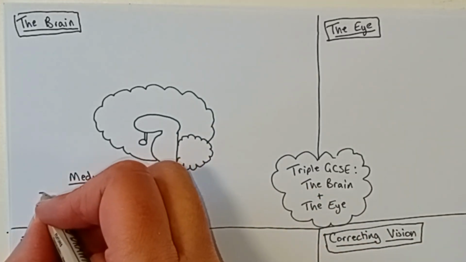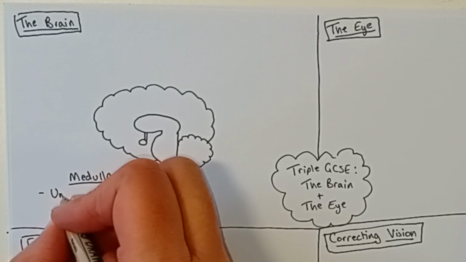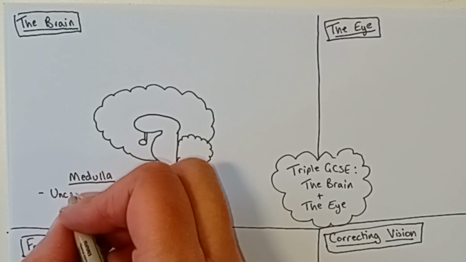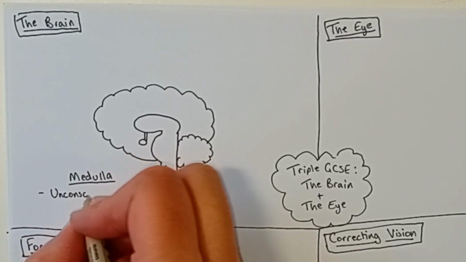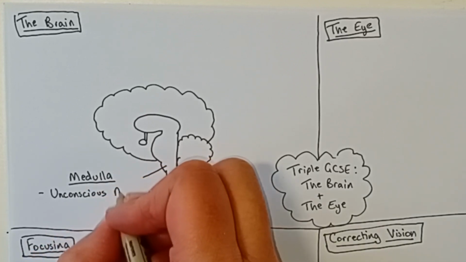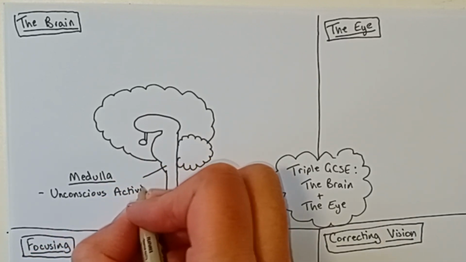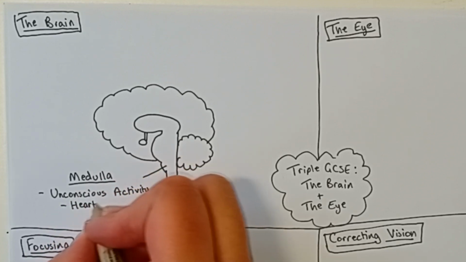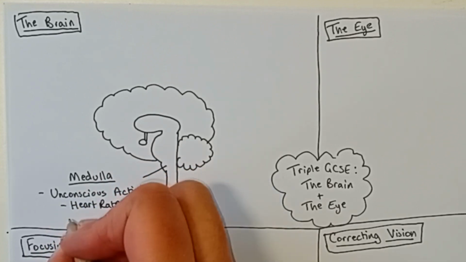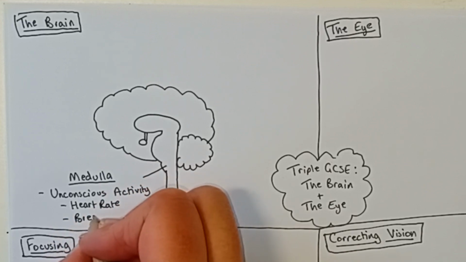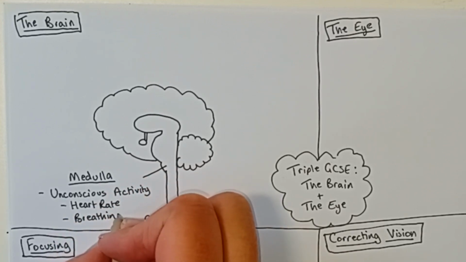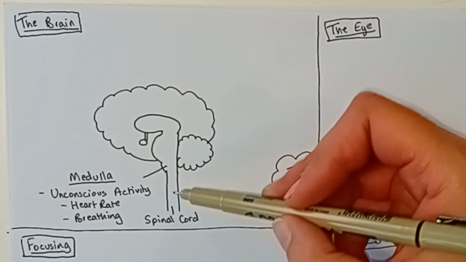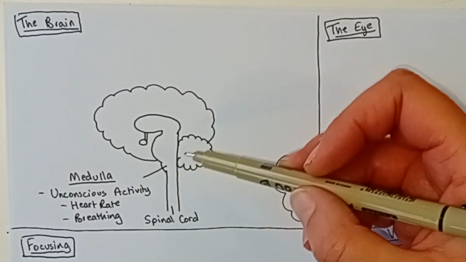And the medulla is in charge of unconscious activity. Things like heart rate and breathing are coordinated here, right at the top of the spinal cord.